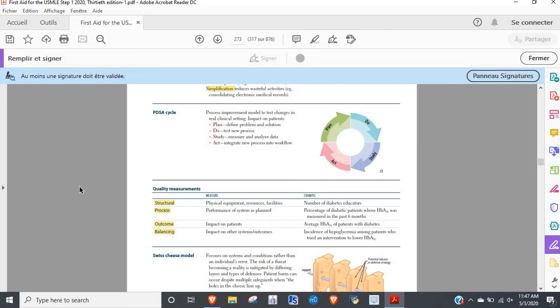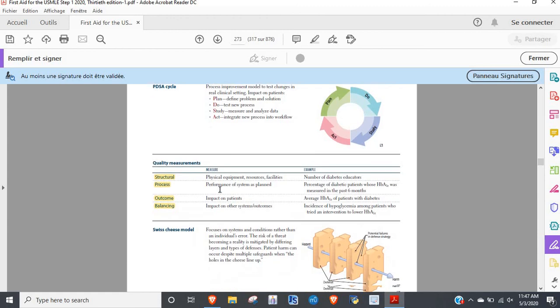So you would balance it on another system. You could say, okay, well, how many of those respirators could have been used on other patients? You could say, what's the implication of shutting down wings only for coronavirus patients? Are some people who have COPD exacerbations not being treated because of that?